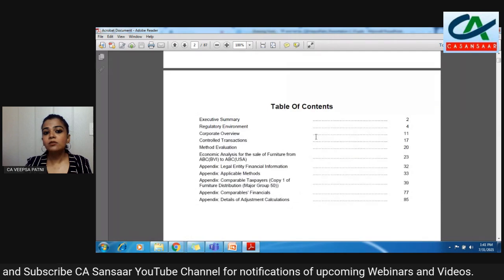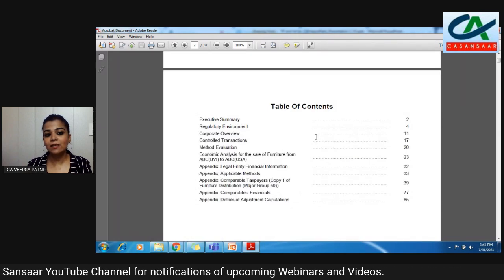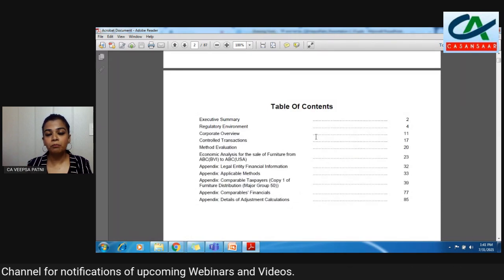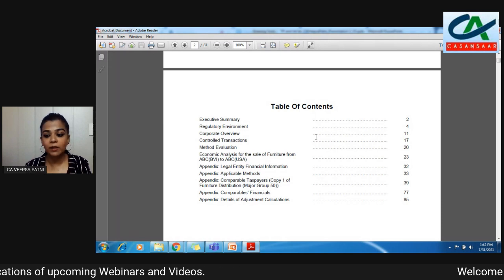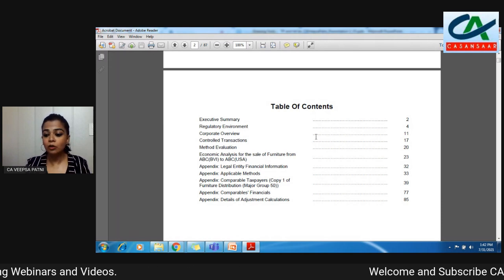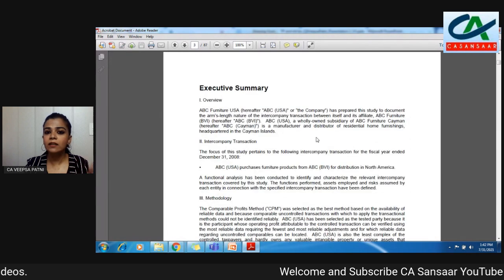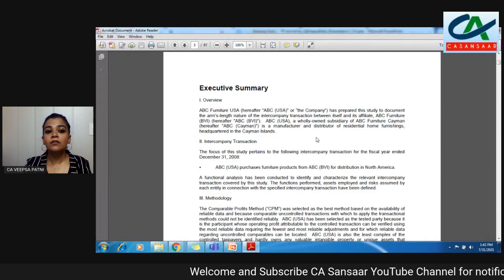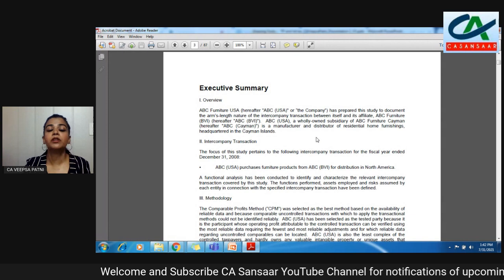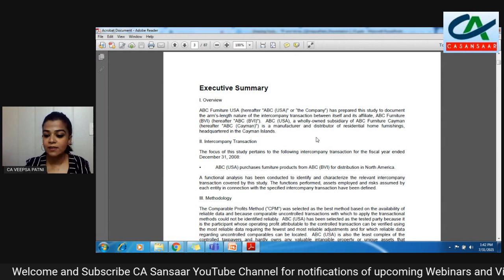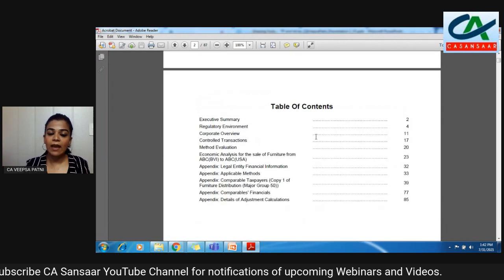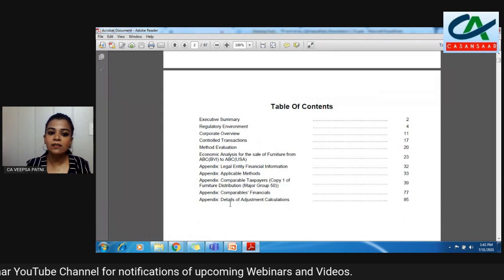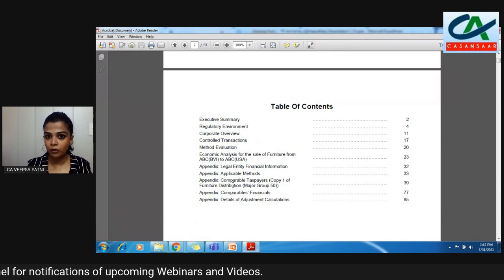But if these two sections are not properly detailed out and properly looked into, it can create a bit of a mess while discussing the report with your management, your managers, or your clients, because the contents actually tell you what exactly is covered in this transfer pricing report.